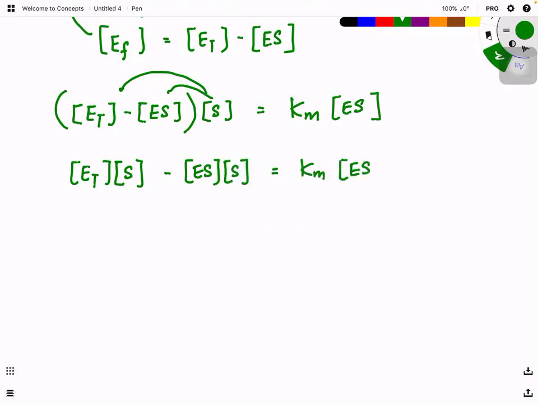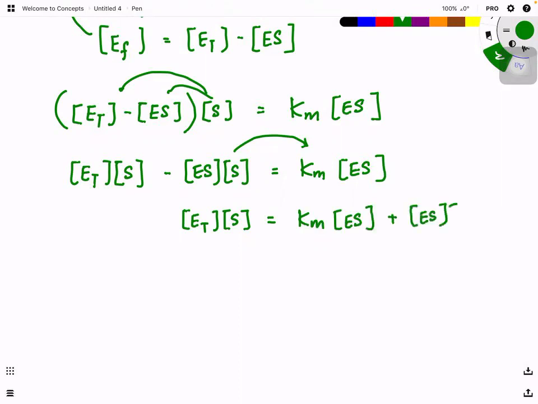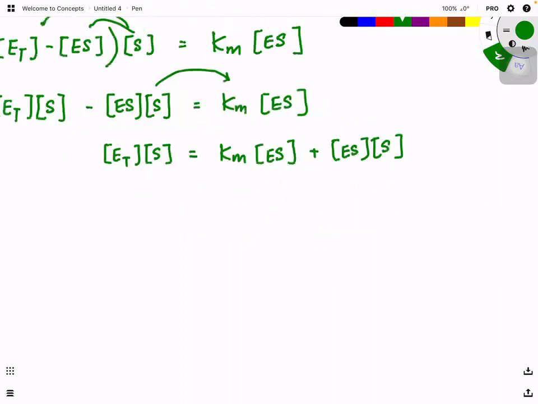Right, okay, I make it this way, and I bring all the enzyme substrate concentration terms to one side. So it means ET times S equals Km ES complex plus ES complex multiplied with the substrate. So it's mathematics. Are you clear so far? I just do the mathematics part only. Okay, play around with this. So ET.